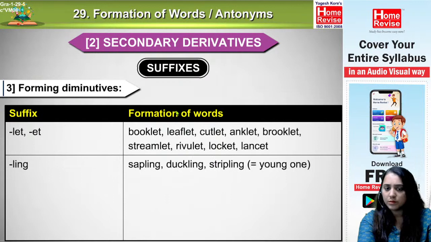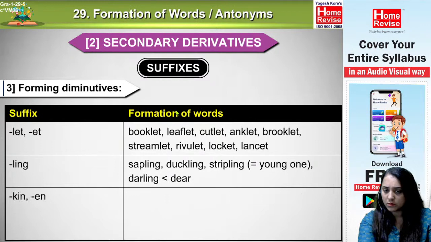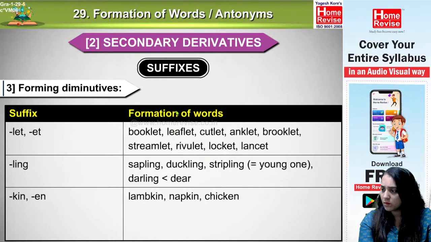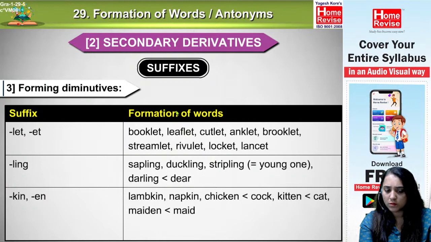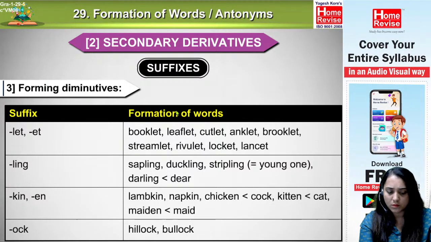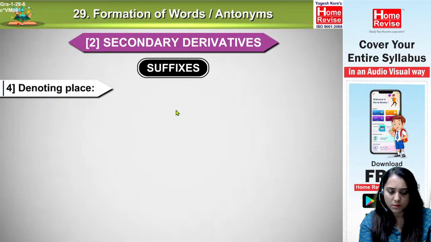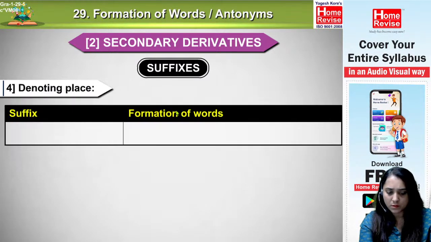Stripling means young one, darling means dear. KIN, EN: lambkin, napkin, chicken, young one of cock; kitten, young one of cat; maiden, young one of maid. OCK: hillock, bullock.